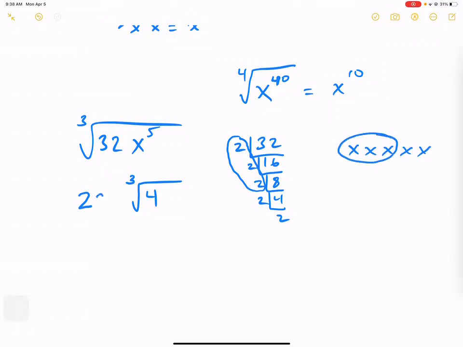Great, we took out one set of x's, but I still have 2 left. So the radical says how many sets we're looking for. If you have a set, you get to come out. If not, you're stuck inside. As you can see, I have two 2's left over. That's why we have a 4. And I have 2 x's here, and that's why we have an x squared.